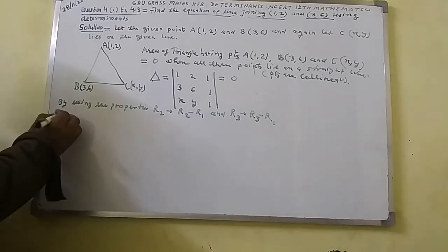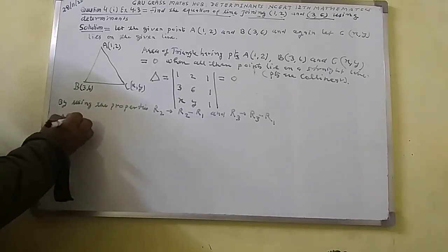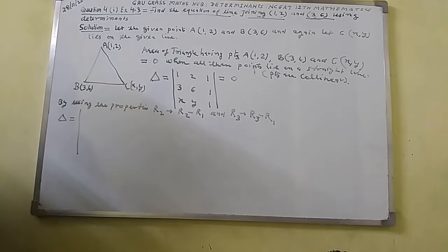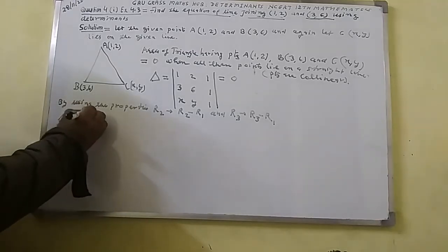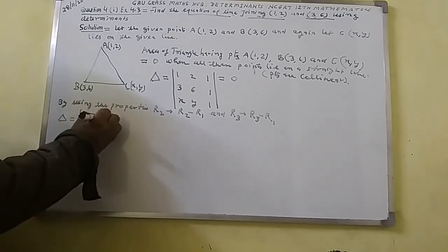R2 goes to means that changes will occur only in the second row. R3 goes to means that changes will occur only in the third row. There will be no change in the first row, so the first row will be written as it is: 1, 2, 1.